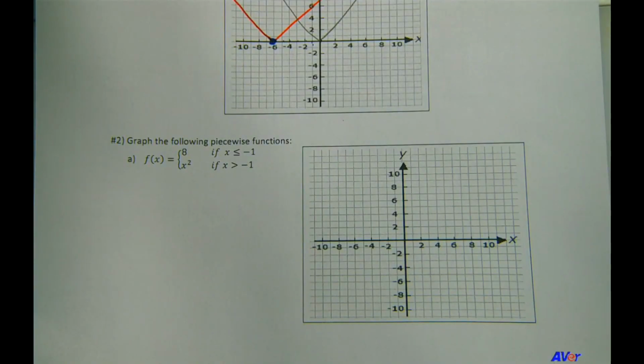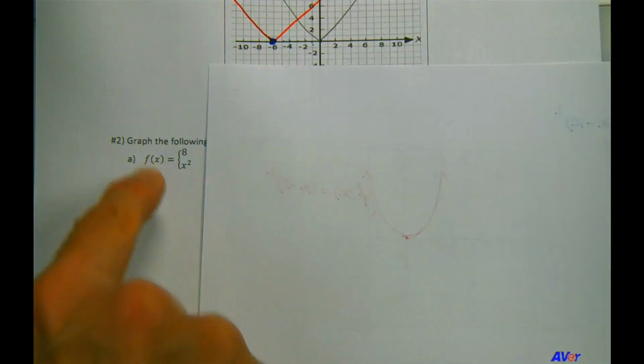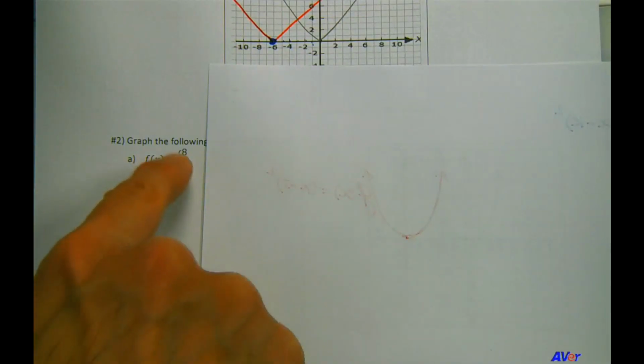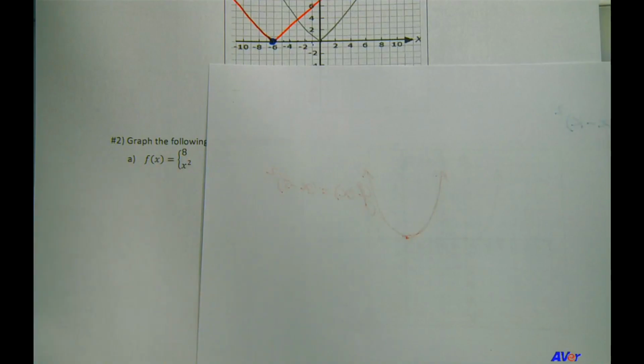When you're asked to draw a piecewise function, never worry about the conditions. Just imagine that they don't exist. Then, very lightly, with a pencil, never a pen, draw each piece of the function as if it was the only piece.